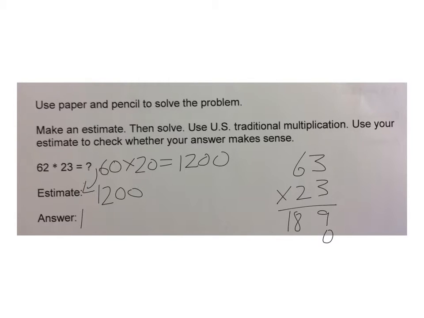Make sure I put in my 0 placeholder. So I'm getting an answer of 1,449, which is close to my estimate. Just to make sure it makes sense, I rounded down, so my answer should be below the actual.